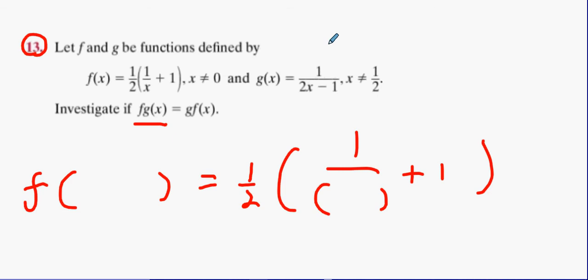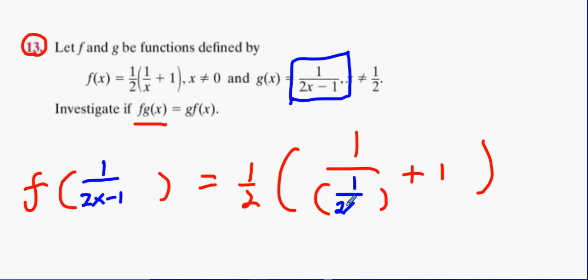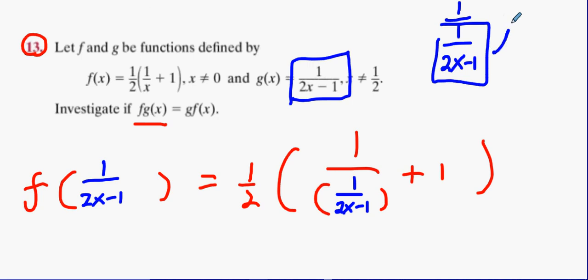And in this case, the something we're using is 1 over 2x minus 1. So can anybody tell me what is 1 over 2x minus 1? What you do with the bottom fraction? You bring it up and you turn it into 2x minus 1 over 1.